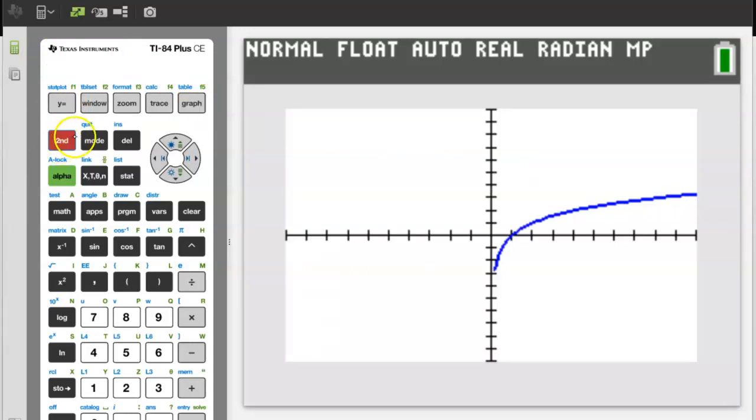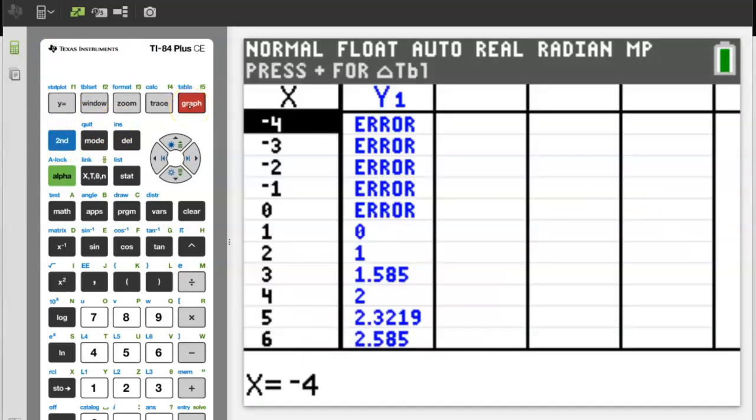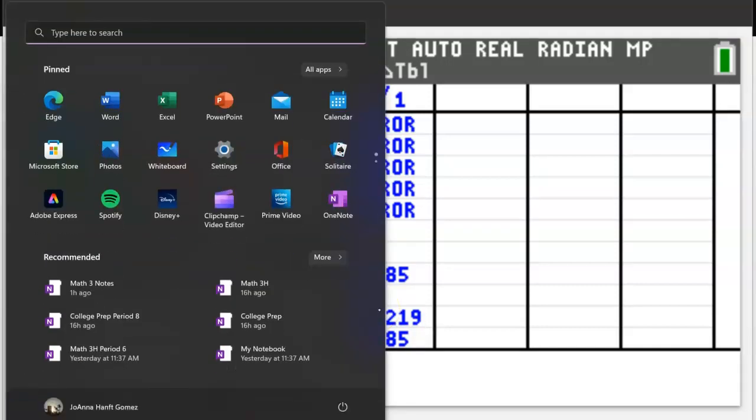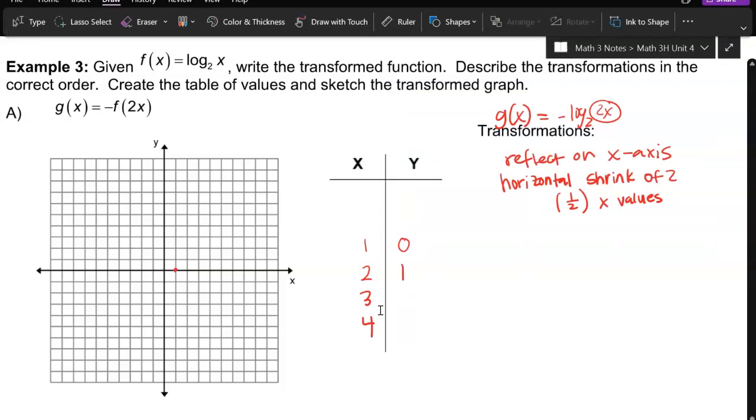If you look at the graph and the table, notice we have errors after 0, so we do have the asymptote there. So notice you have 1, 0, 2, 1, and then 4, 2. Let's keep those points, this 2, 1, so we won't use 3, and then 4, 2. That way it will help us with our transformations.